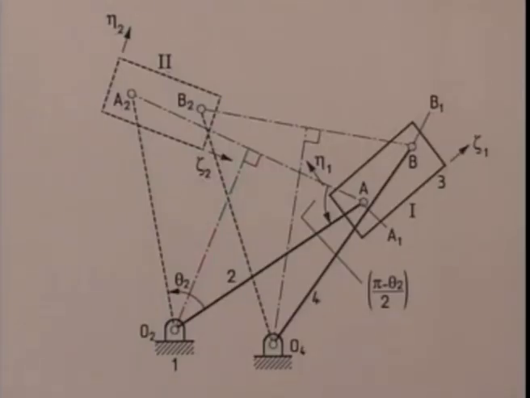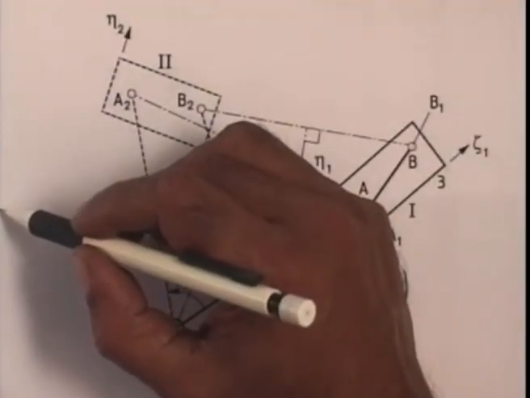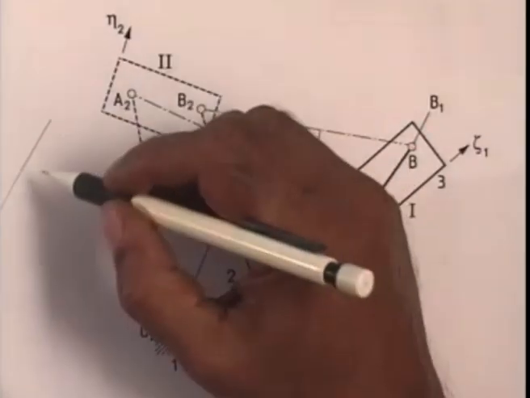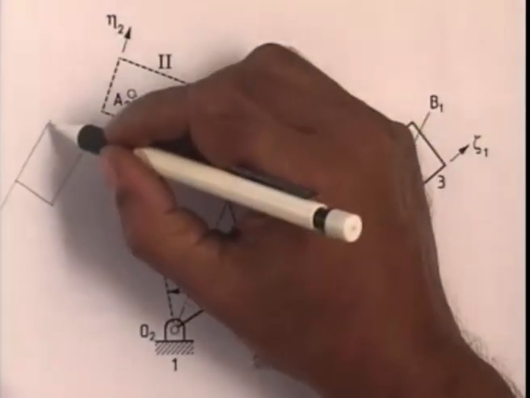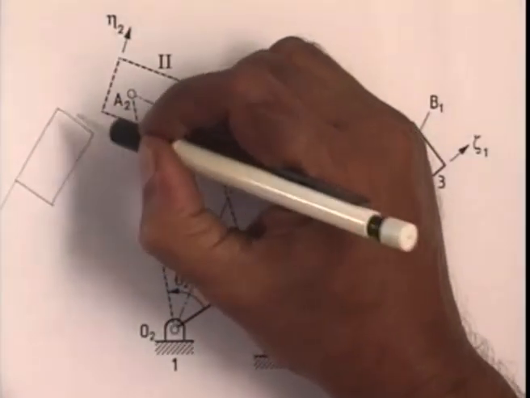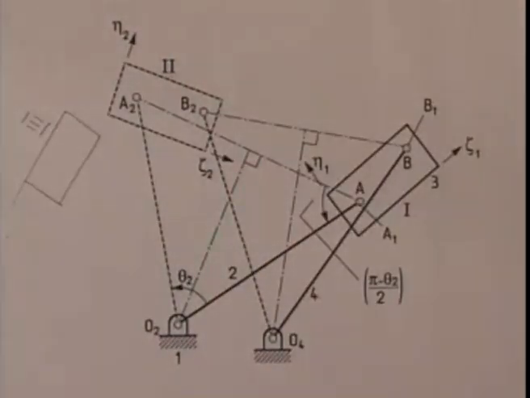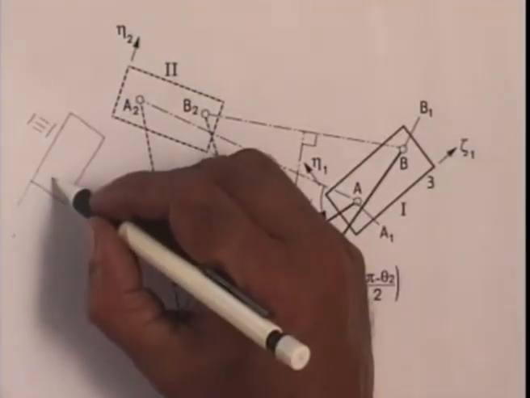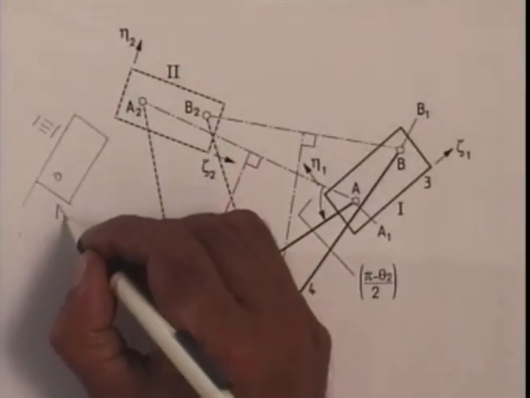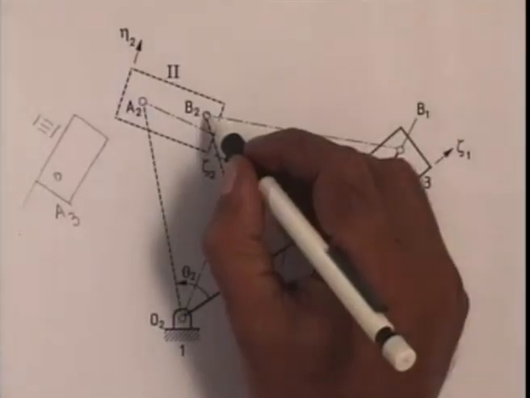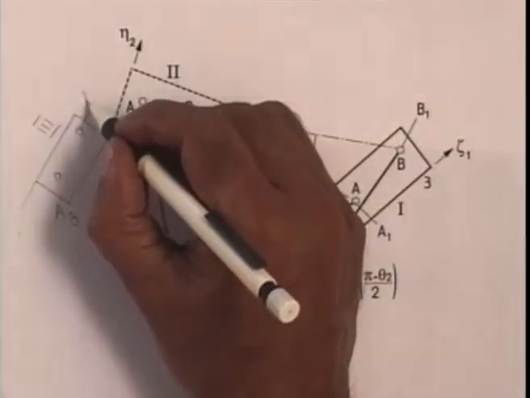Now, if we want to add another third position, suppose I want a third position, we call it 3. Then A2 goes to a specific location, say here, which I call A3, and B2 goes here, which I call B3.